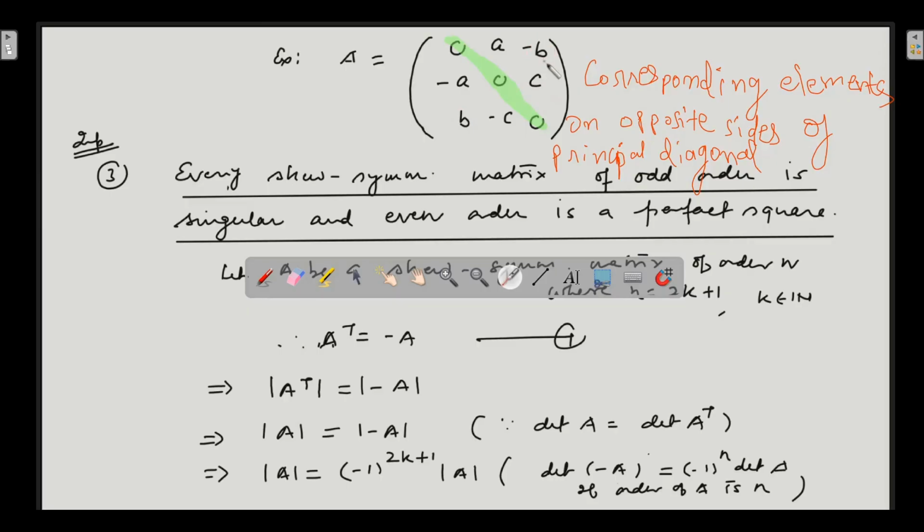These and these are corresponding elements on opposite sides of the principal diagonal. These and these are also corresponding elements on opposite sides of the principal diagonal.